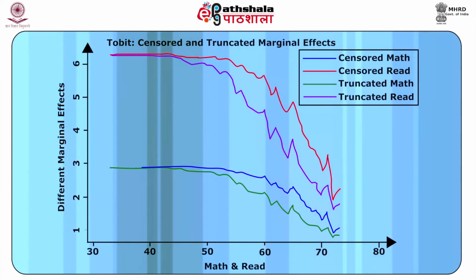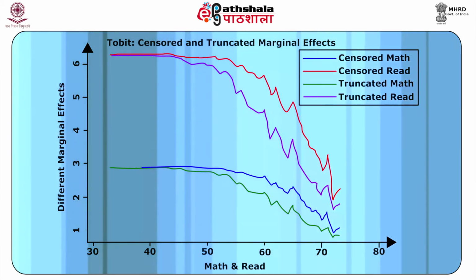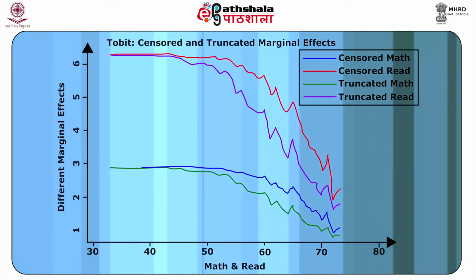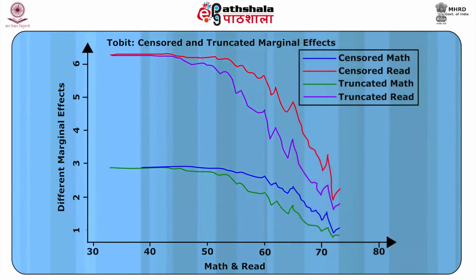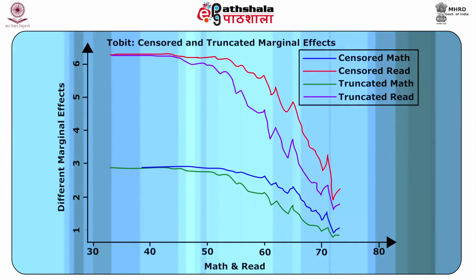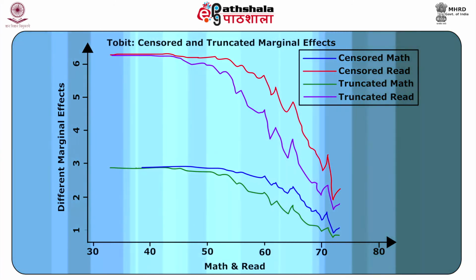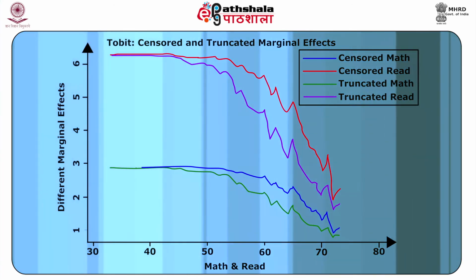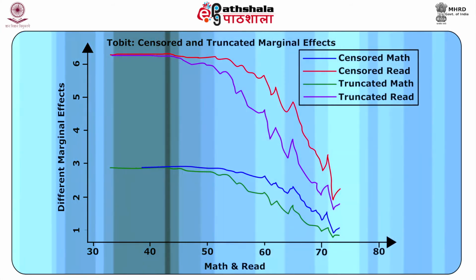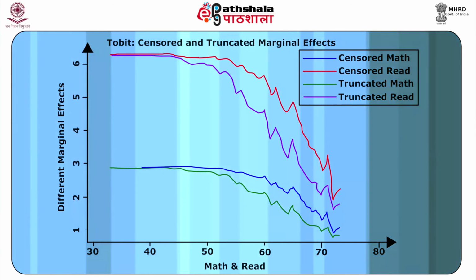We have the censored and truncated marginal effects. So we have the marginal effects on the y-axis and we have maths and read on the x-axis. This graph 6 shows the marginal effects of maths and read on aptitude as the score on maths and read varies.